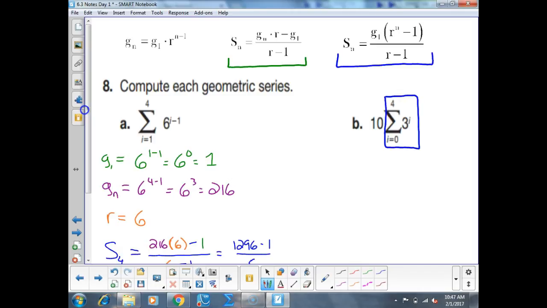So based off of that, what do I need? Now, I'm using this blue one, so I need my first term, right? What's my first term? It is not 0. It's 1, because I put 0 into my rule.